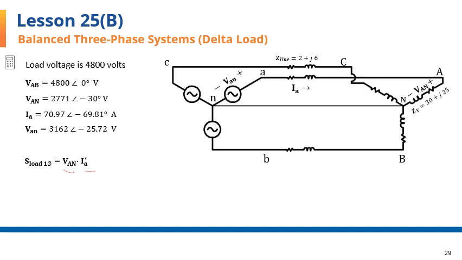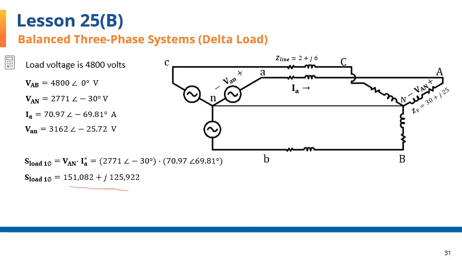Putting in the values of V and IA, we get 2771 with negative 30 degrees, times the conjugate of IA. The conjugate means it will have the same magnitude, but its phase angle sign will be reversed. So we go from negative to positive here. And the product in Cartesian form will give us the complex power of the load for a single phase.